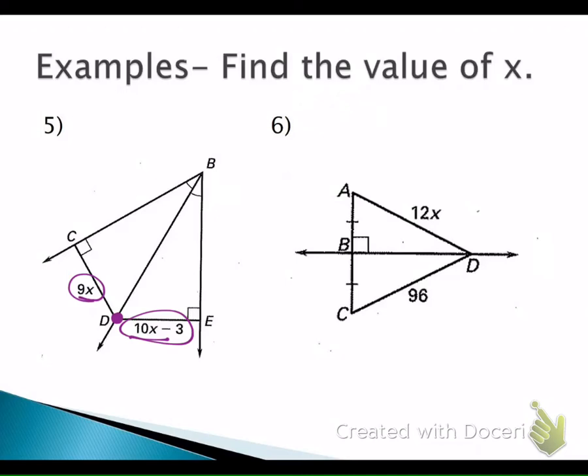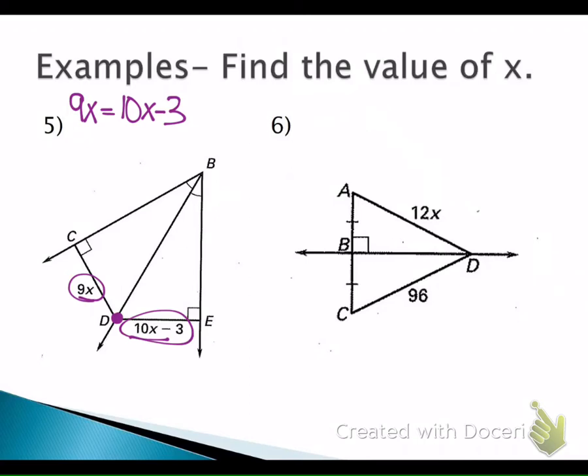They are congruent. They're the same distance. D is the same distance away from C as it is from E. So the segments that are created are equal. So make these equal and solve for your variable.